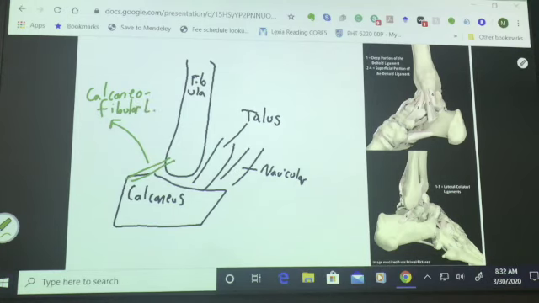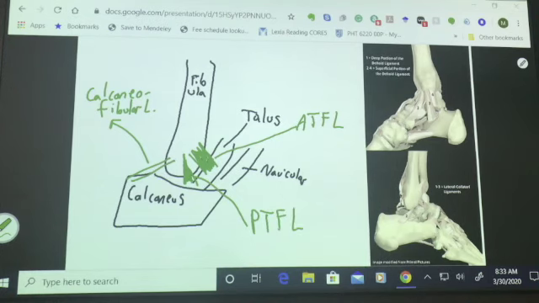I'm also going to have, remember from the reading, anterior talofibular ligament. I'm also going to have a posterior. I'm going to draw that in a little better so you can see. Posterior talofibular ligament.